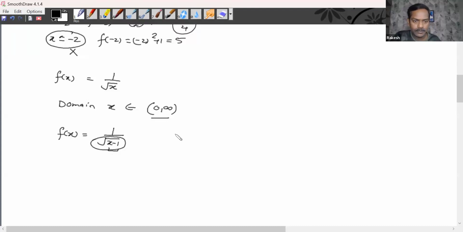So in this case, the domain of x will be what? All values from 1 to infinity. In fact, x equal to 1 is also discarded, because the moment I take x equal to 1, this will become 0. So the overall value of f of x will be 1 over 0, which is not defined. Right? Okay. So this is all about domain.